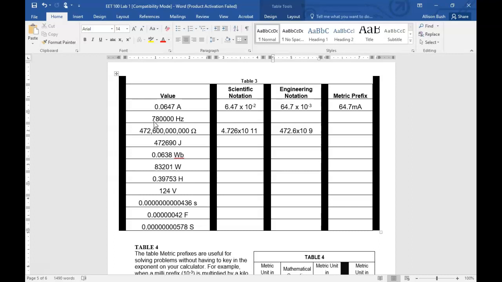So 472.6 times 10 to the 9th. Okay. So what should be my metric prefix here, guys? Should be giga. 472.6 giga. I'm going to just kind of come over here and copy the ohm symbol.